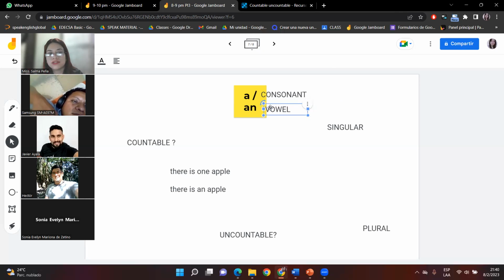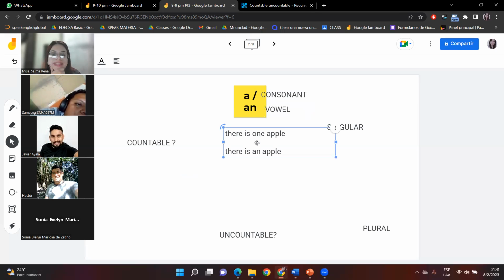When the next noun starts with a vowel. Like a car, a banana, a potato, a pepper. And when the noun starts with a vowel, like an onion, an apple, an airplane, and so on. Now, if I say there is one apple and there is an apple, is it the same?